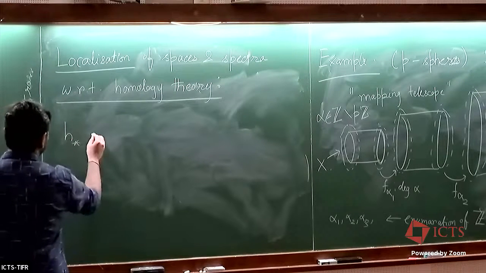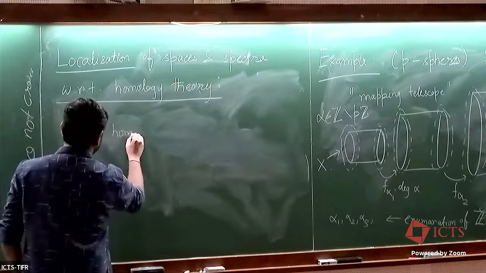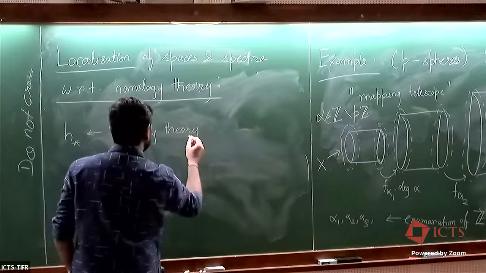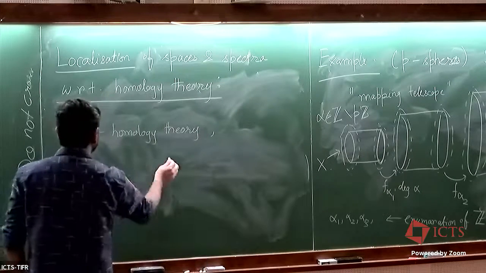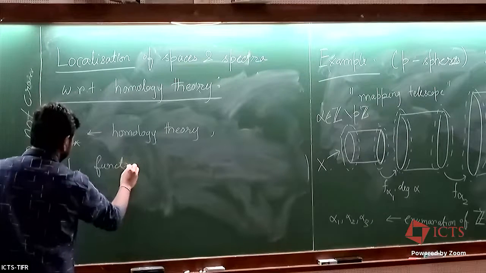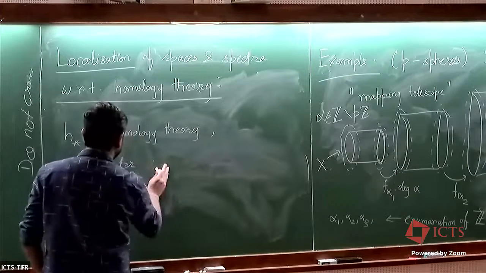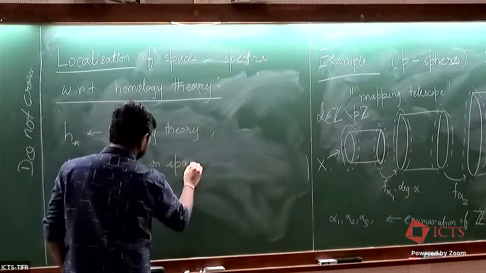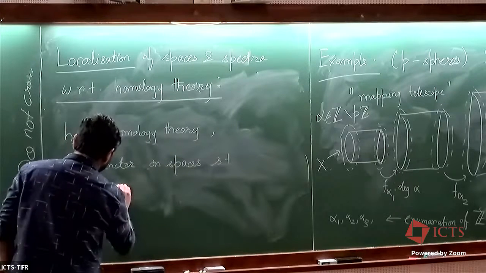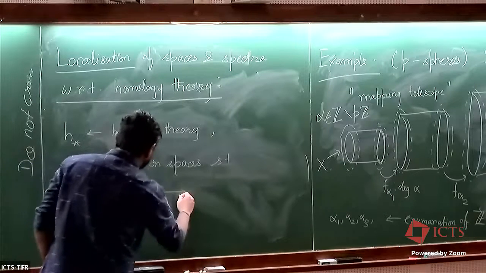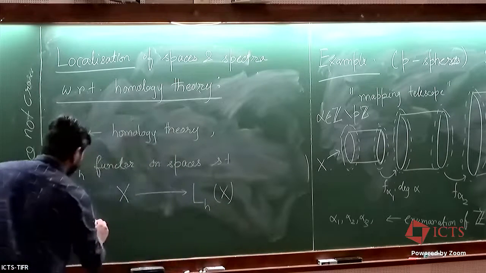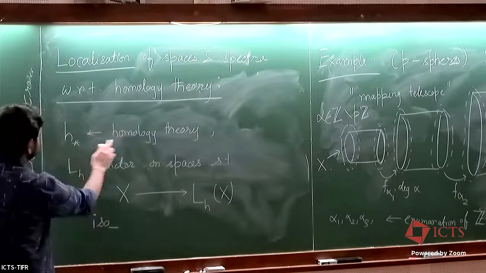If H star is a homology theory, then Bousfield constructed a functor L_H, let's say on spaces for now, such that for any space X there is a natural map from X to L_H X, which is an isomorphism under this particular homology theory.